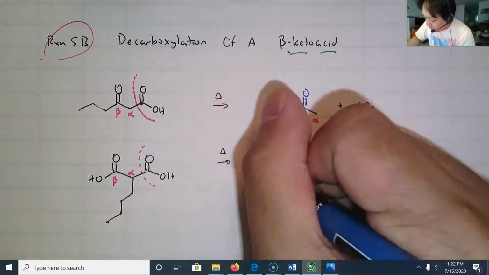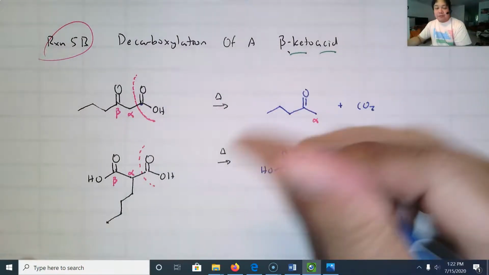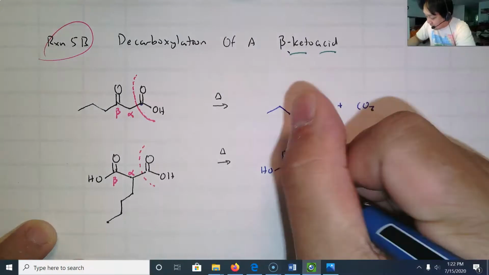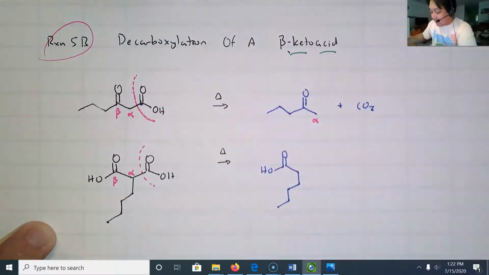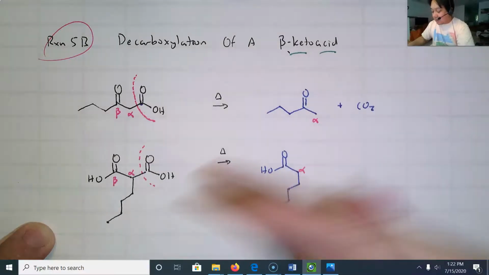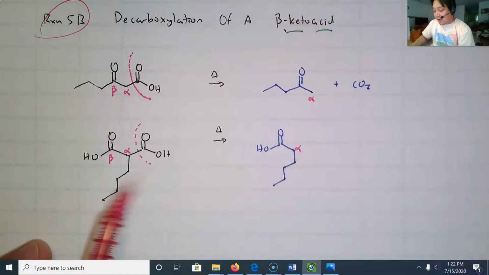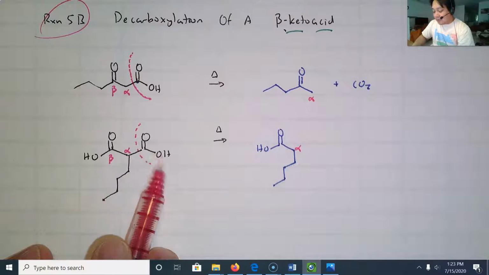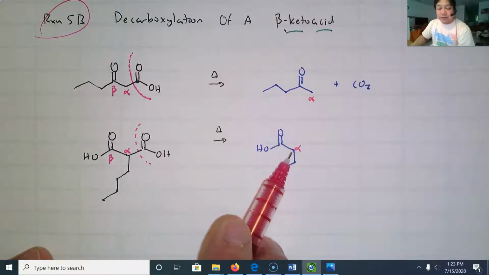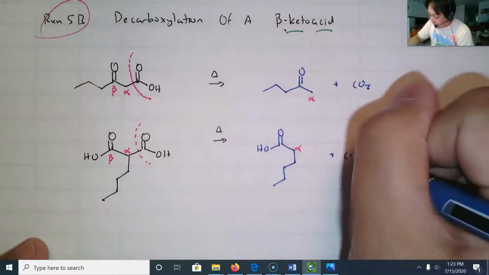You don't have to normally draw it in its most preferred conformation. I just typically copy everything except the carboxyl group. And again, rest assured, you have the right number of hydrogens because this one has one hydrogen, and then by removing this, you do get a second hydrogen, and now that carbon is neutral, plus CO2.